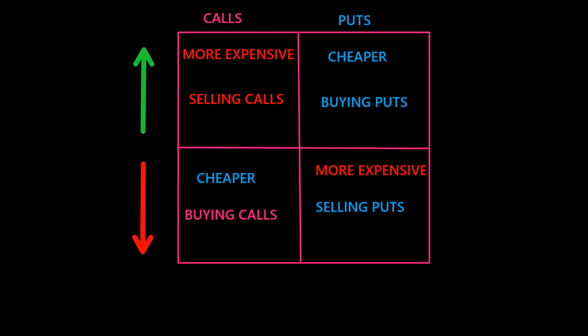The only real adjustments you have to make with the long side is if Apple starts to go north, you may have to roll that put higher, because you're going to have to hold some money in margin, because you're doing a credit spread.